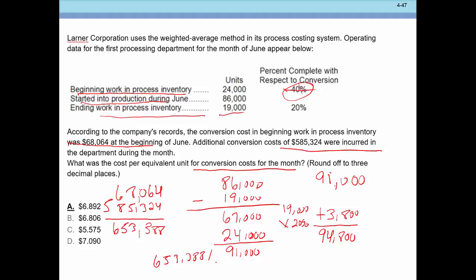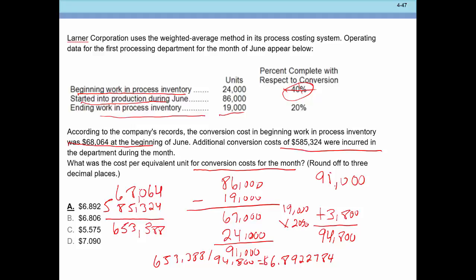653,388 divided by the 94,800 equivalent units gives me a cost per equivalent unit of 6.8922784.